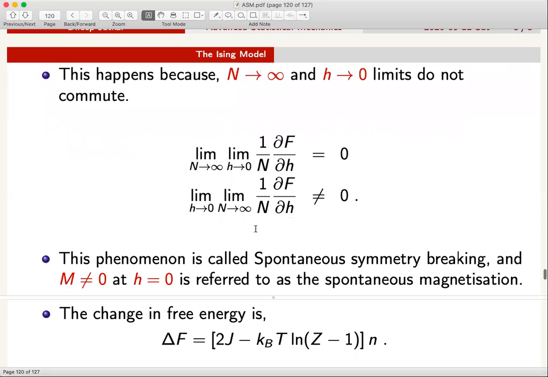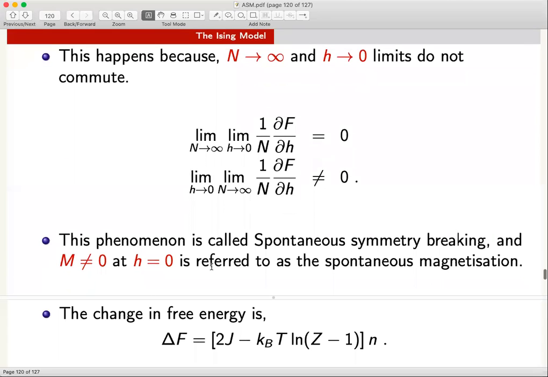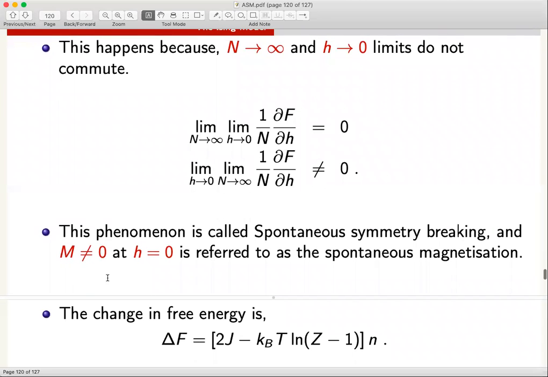This phenomenon is actually called spontaneous symmetry breaking. And the fact that m has a non-zero value even in the absence of an external magnetic field, for temperatures lower than Tc, is the only situation in which m spontaneously takes a non-zero value without an external magnetic field.